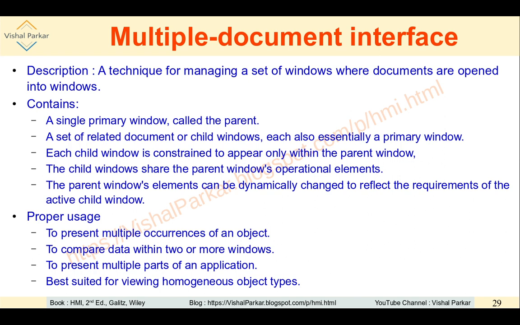The child window cannot grow beyond the boundaries of the parent window. The child windows share the parent window's operational elements. For example, the close, minimize, maximize buttons will be available. Whenever they are applied, they will apply to both of them. The parent window's elements can be dynamically changed to reflect the requirements of the active child window. So this is very important.